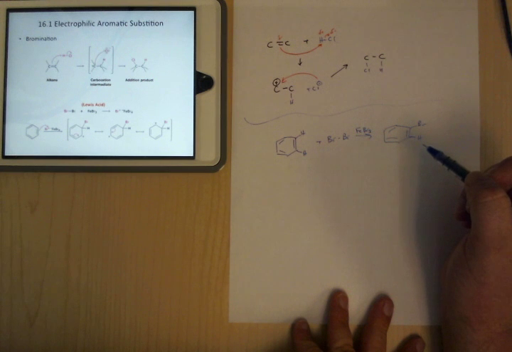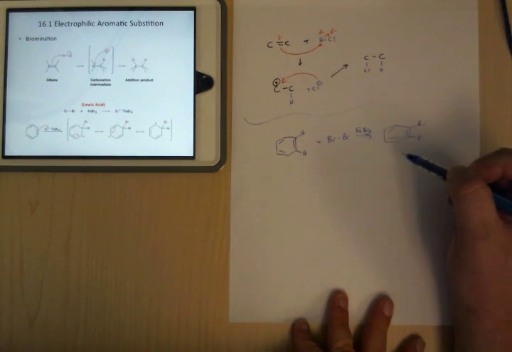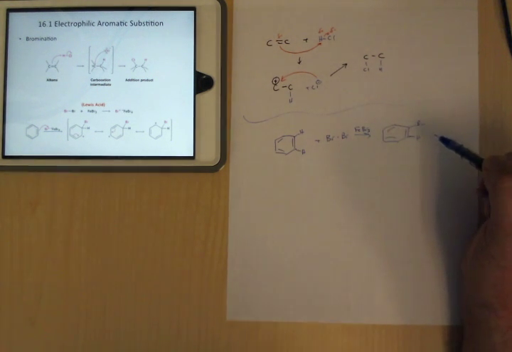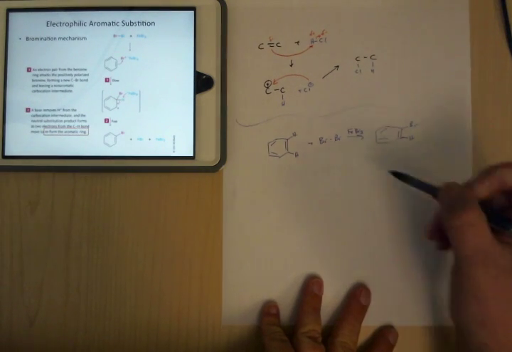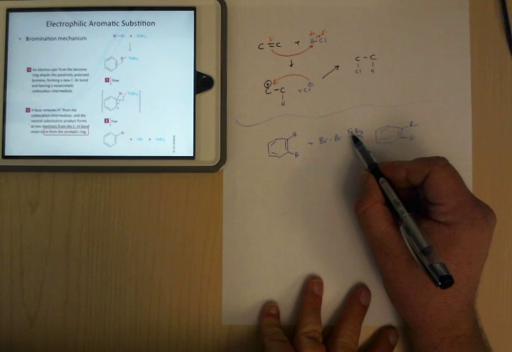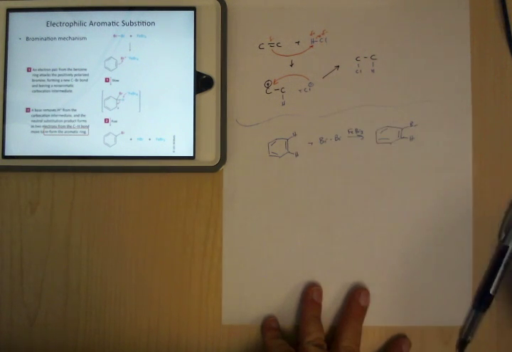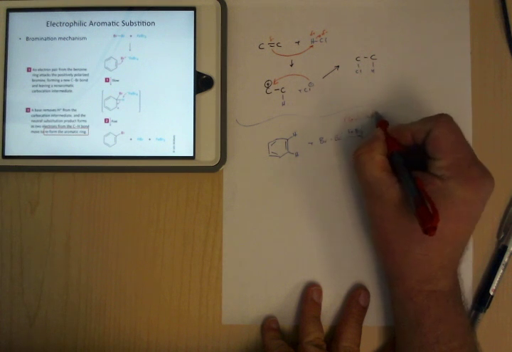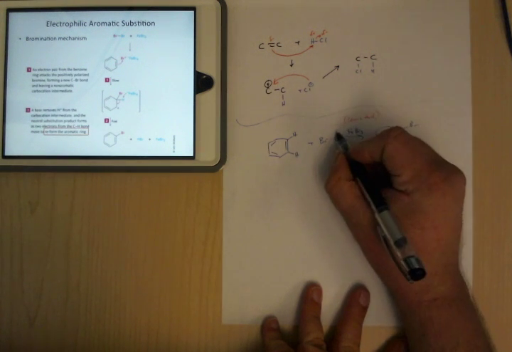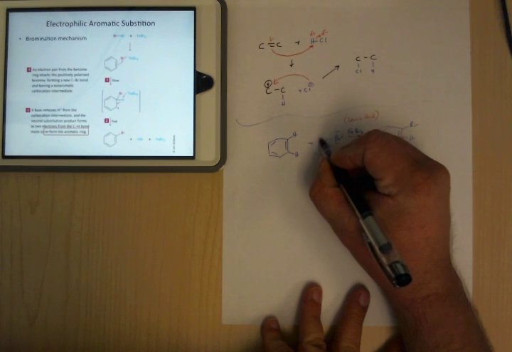But we're going to be seeing the same mechanism over and over again all throughout this chapter. The way this works is the iron, since this is a Lewis acid, is searching for lone pairs, and there's a whole bunch of them around these bromines.